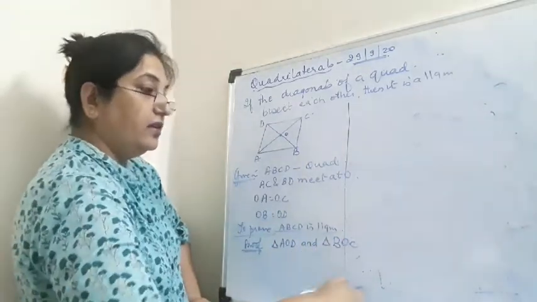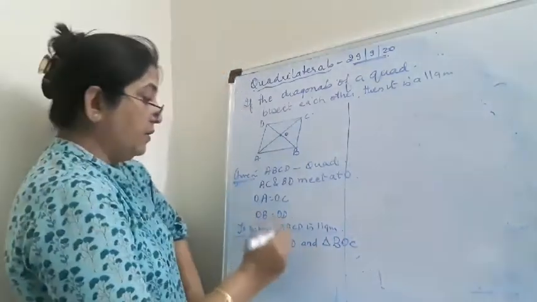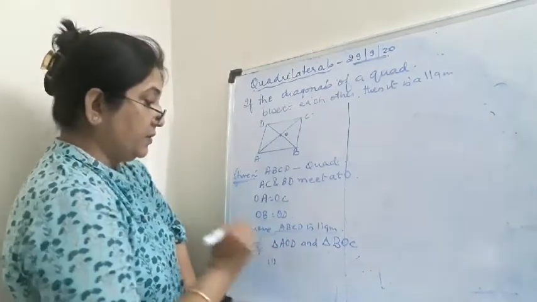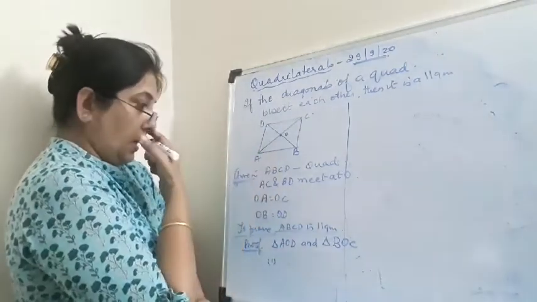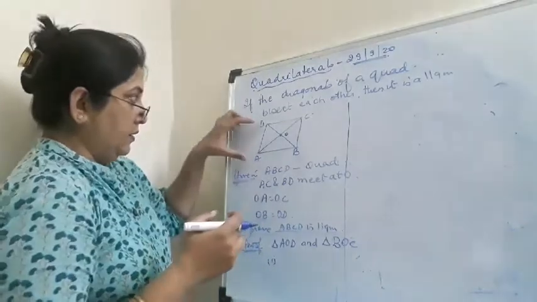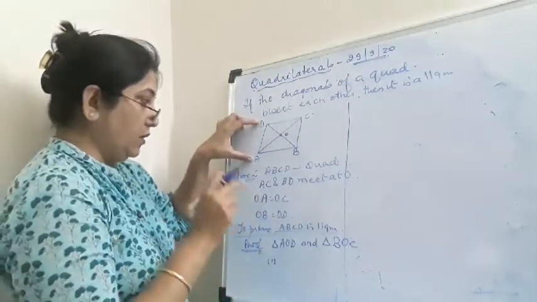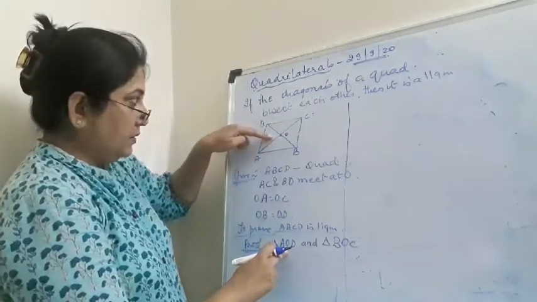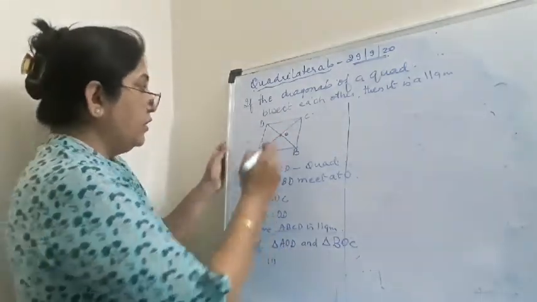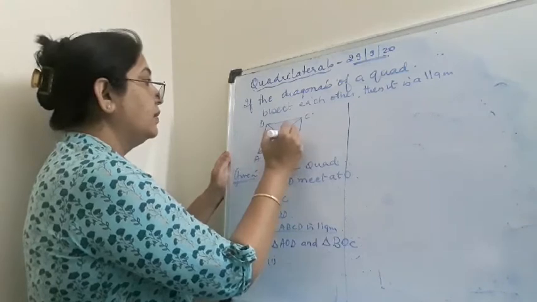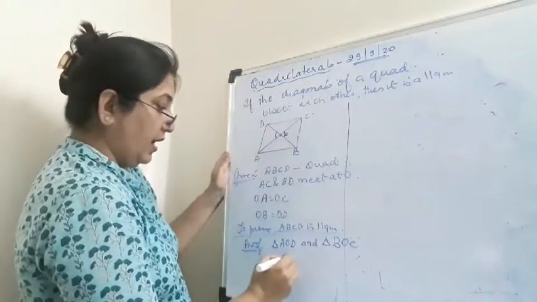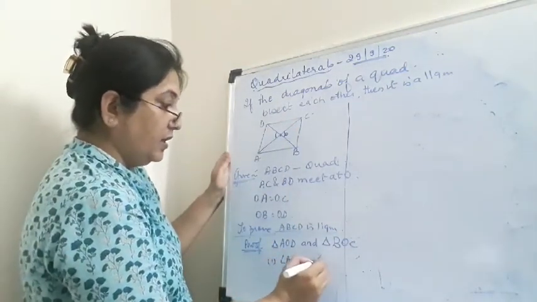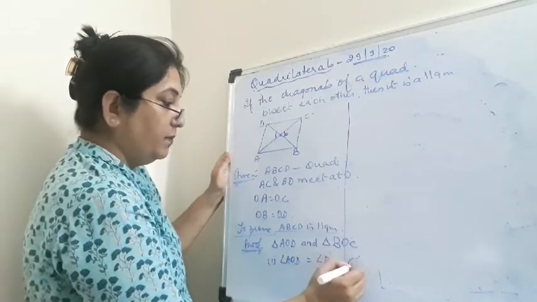Now, what is given? We have to prove them to be congruent. We will write first. This is a quadrilateral. Okay, so we have AOD, yes, and BOC. Now we know that these angles are equal. So we write angle AOD is equal to angle BOC.